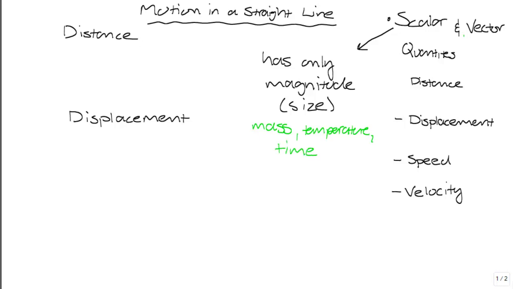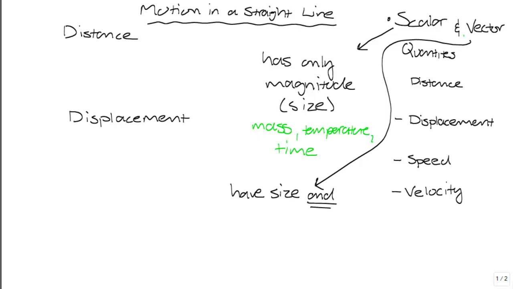All of these physical quantities only have a magnitude or a size, whereas you have other physical quantities that not only have a size, they also have direction. So they have a size, and that size is specified in a particular direction.